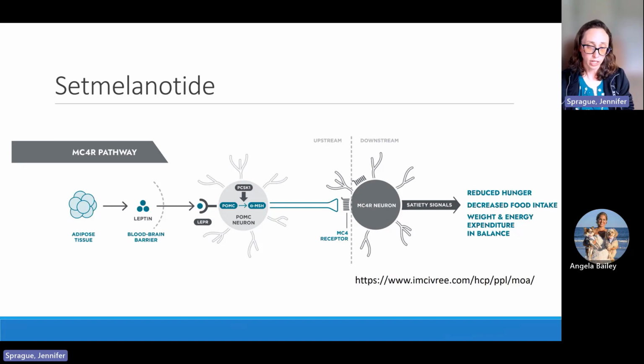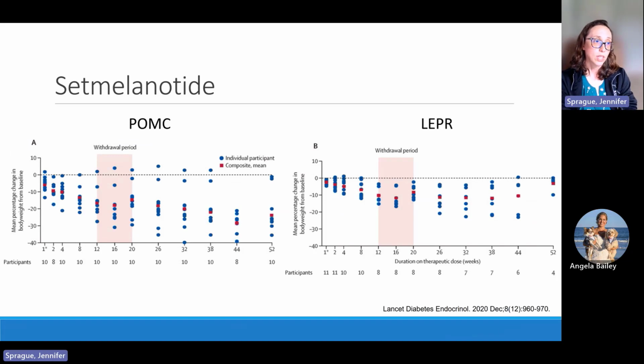So we can now target this pathway. And so setmelanotide is FDA approved for treatment of POMC and leptin receptor deficiencies, as well as Bardet-Biedl syndrome. This is individual patients. These are rare disorders.